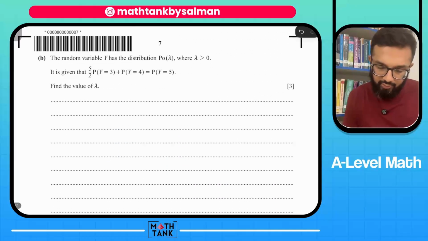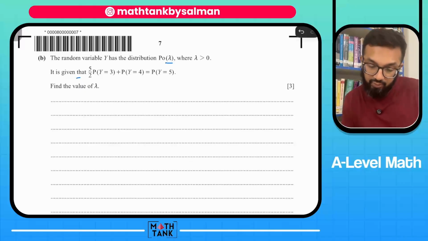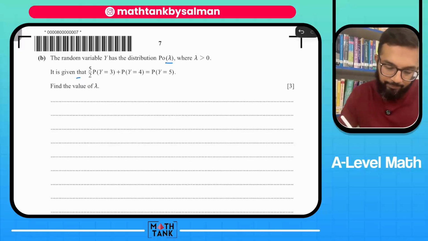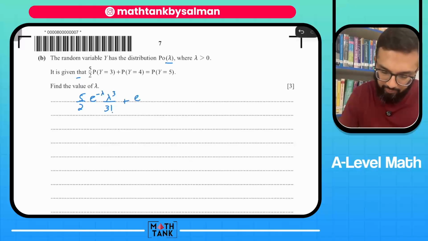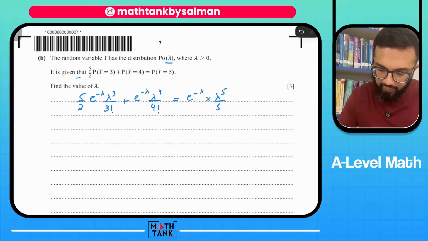Okay. It says the random variable Y has the Poisson distribution. It is given that the probability of Y equals 3 plus the probability of Y equals 4 is equal to the probability of Y equals 5. So let's calculate. e power minus lambda, lambda power 4 over 4 factorial. e power minus lambda, lambda power 5 over 5 factorial.